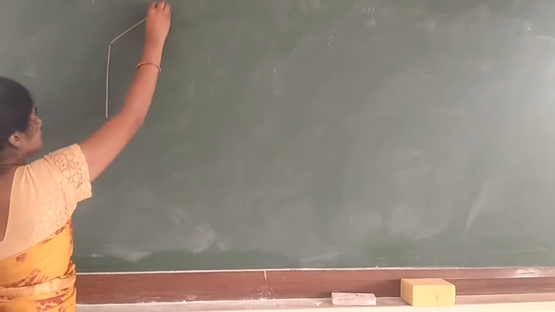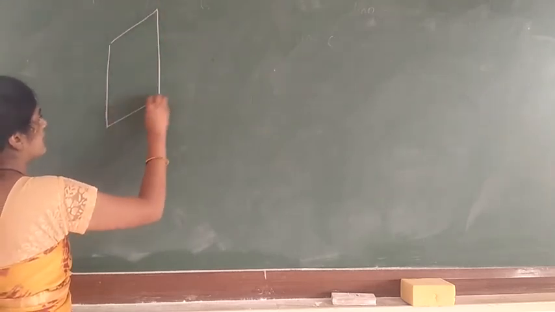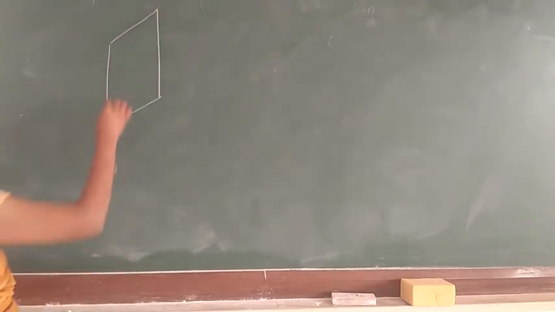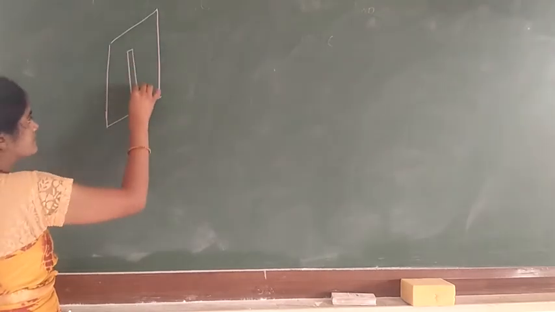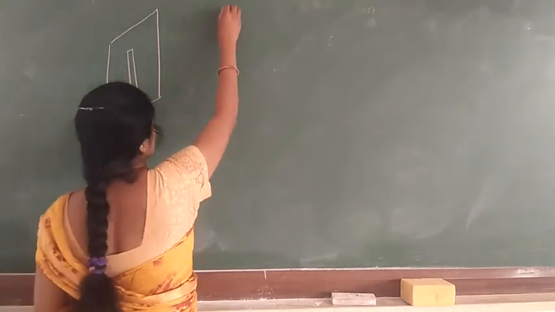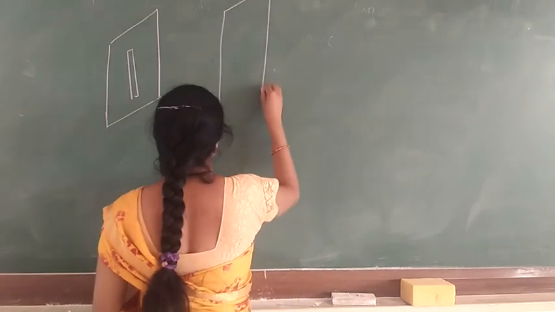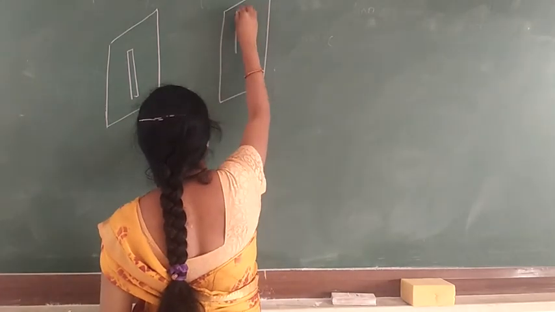Next we have to study the Young double slit experiment using interference. Let us consider a rectangular slit, and again one more slit.